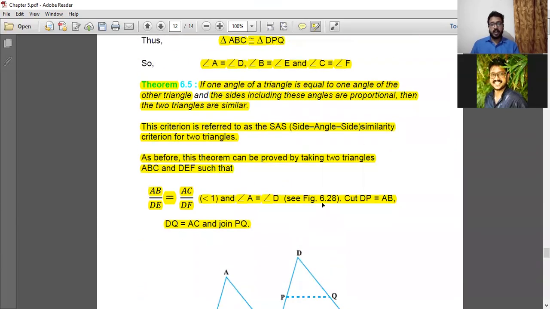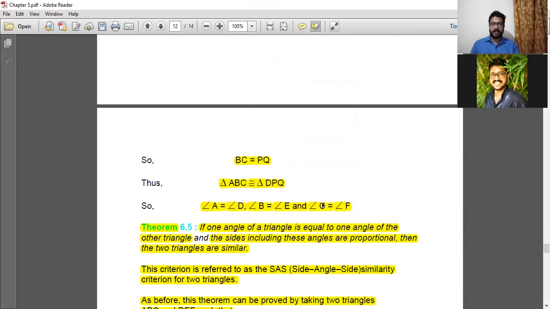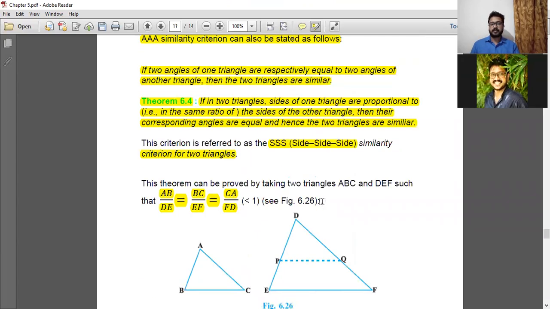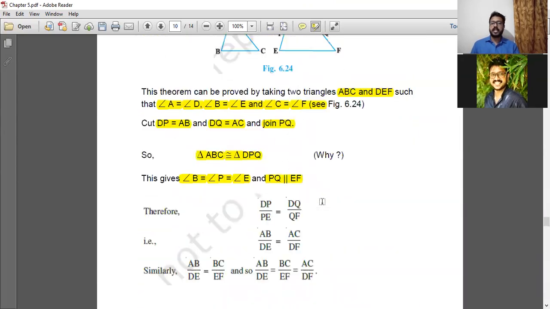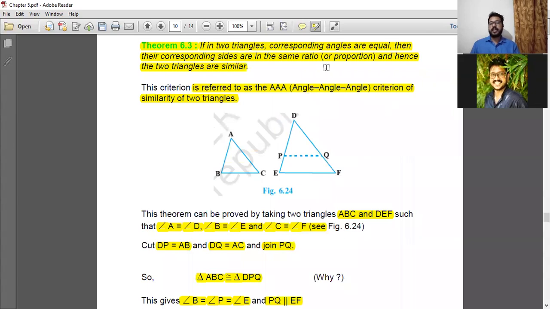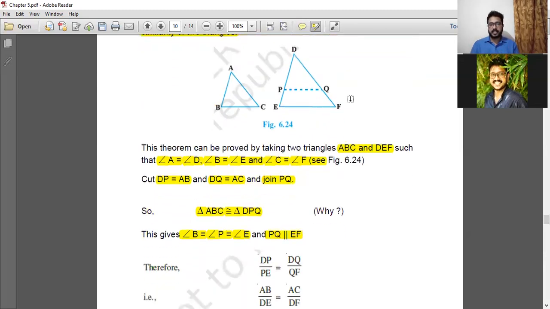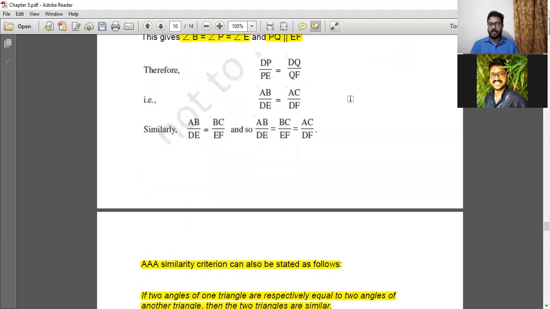So this criterion is known as SAS criterion. These three are the most important criteria we can know. First, AAA similarity: we check that the corresponding angles are equal. If the corresponding angles are equal, then the corresponding sides are in the same ratio, and hence these two triangles are similar.